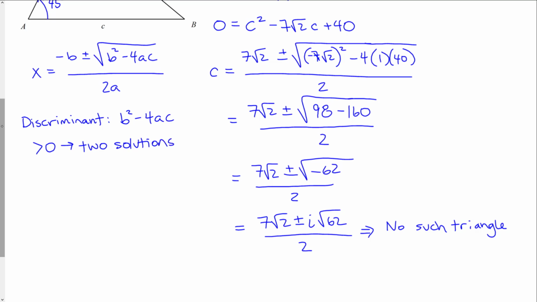And if there are 2 solutions to this quadratic, that means there are 2 possible triangles that you could end up with. If that is equal to 0, then that means there is 1 solution. So there's only 1 triangle that would work. Or if that is less than 0, then there are no solutions, and therefore there's no such triangle that exists.